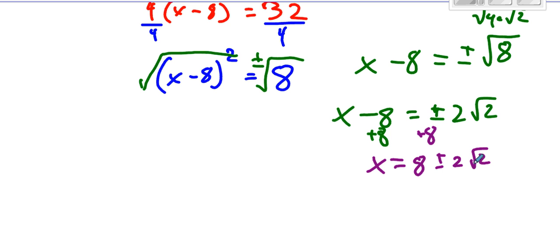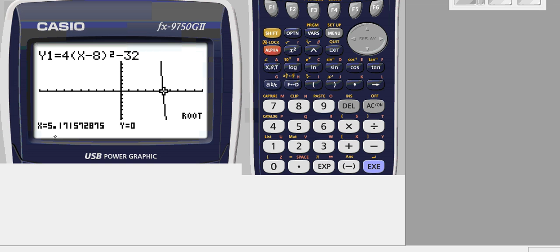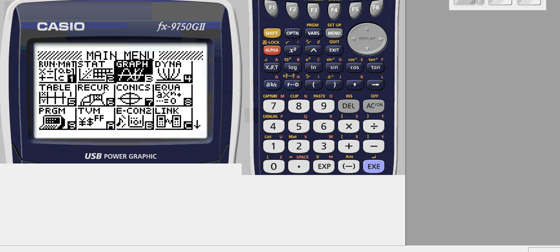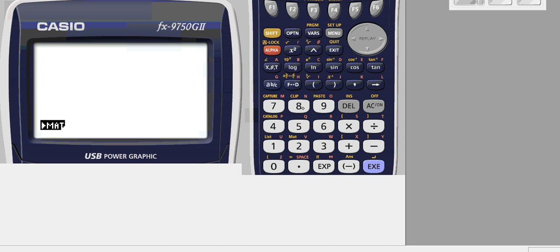So when we look at what we got here, 8 plus or minus 2 square root of 2, if we type in 8 minus 2 square root of 2 into our calculator, we're going to get that answer we were just looking at, that 5.171.